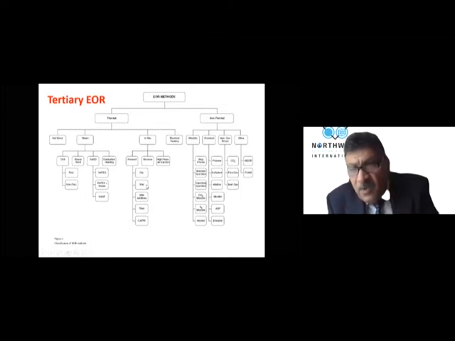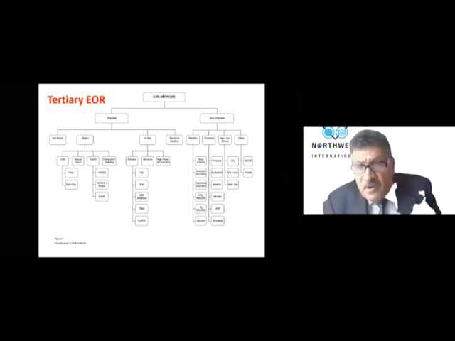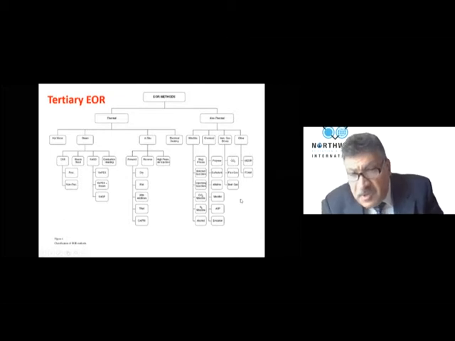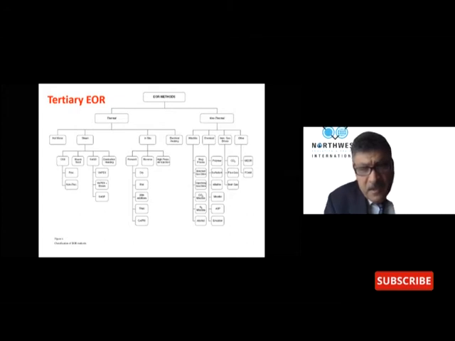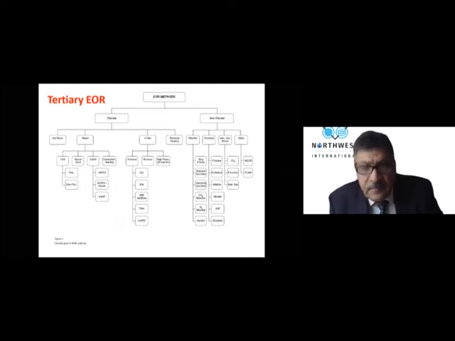Under the non-thermal, we have different ones as well, such as chemical or miscible or immiscible gases, could be CO2, could be flue gas, could be nitrogen, could be what we call alkaline surfactant polymer, and many other chemicals you can use. India oil fields use chemicals quite a lot. It is very common for them. And also sometimes in heavy oil fields, they use steam as well, as far as I know.